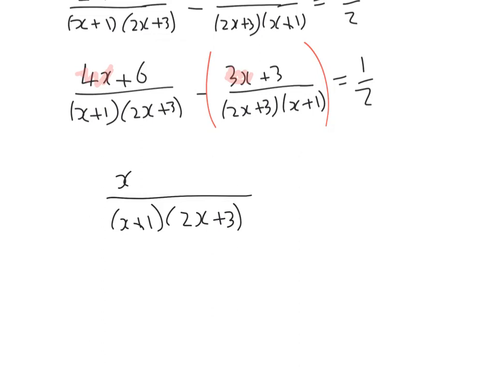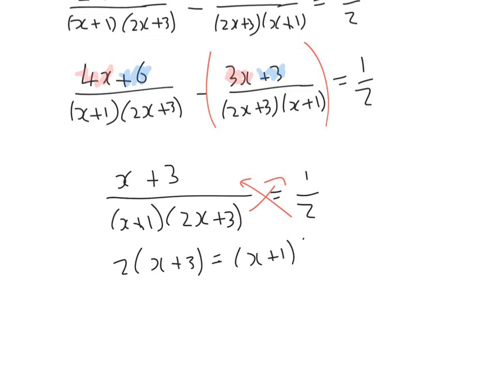And then we are doing 6, and we're taking away positive 3. So 6 take away 3 is 3. And that equals half. Because we've got a fraction equals a fraction, we can cross multiply. So we'd have 2 of the x plus 3's, and then 1 times that denominator simply gives you that denominator.